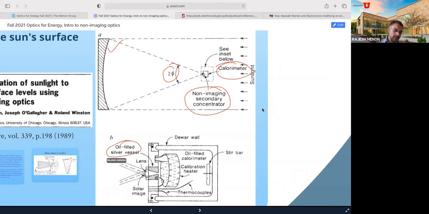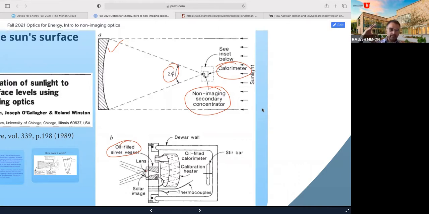So that's where the n is greater than 1, because the refractive index of the oil is greater than 1. Actually, no, that's not true. That was my mistake, sorry. This oil is just to cool the silver. So the silver device is shown here. An image of the sun is formed as an input, because the mirror is an imaging element, so it forms an image of the sun, but the concentrator does not form an image.